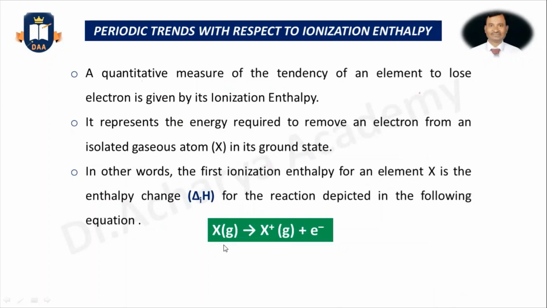This is the equation. X is a gaseous atom, with a small g in brackets, and the energy required, the ionization enthalpy, removes this electron to give the X plus cation in its gaseous state.